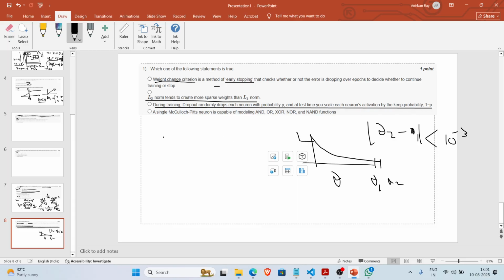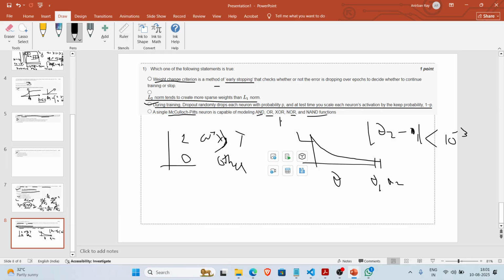A single McCulloch-Pitts neuron is capable of this. The McCulloch-Pitts neuron is defined such that you get 1 if your combination is greater than a threshold t, and otherwise you get 0. This is very simple, as you can see, so it can only handle linear functions, and this one is correct.